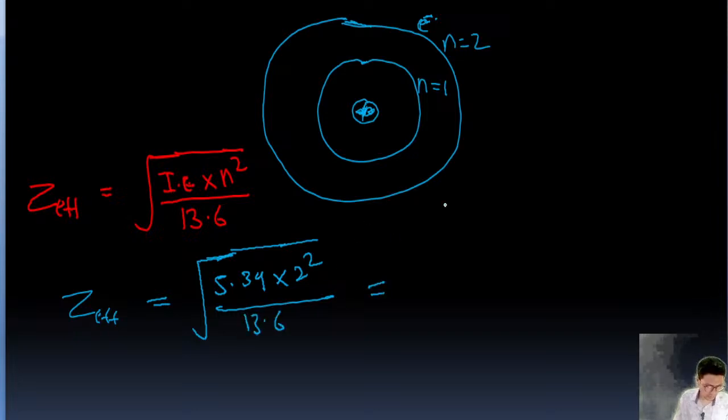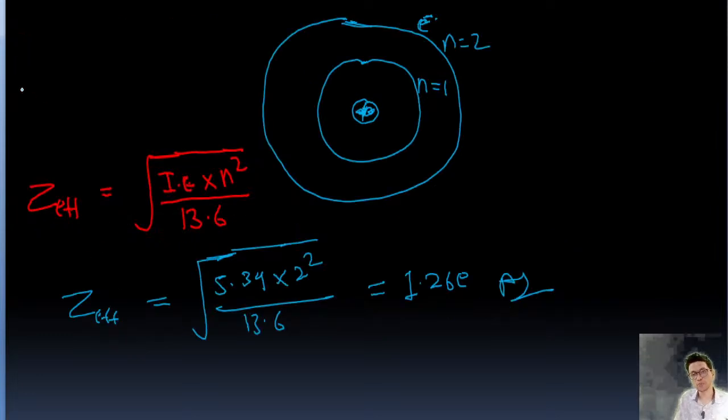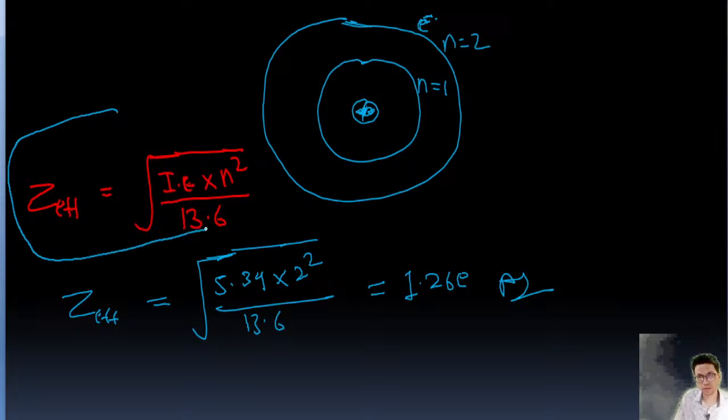We'll solve it, so this value is going to be 1.26 E. This is the answer. This is a TIFR question, guys, very simple. This formula you need to note down, guys, a very important formula: effective nuclear charge experienced by lithium, Z effective, is the root of the ionization energy of lithium into n square, that is the energy level, upon 13.6.